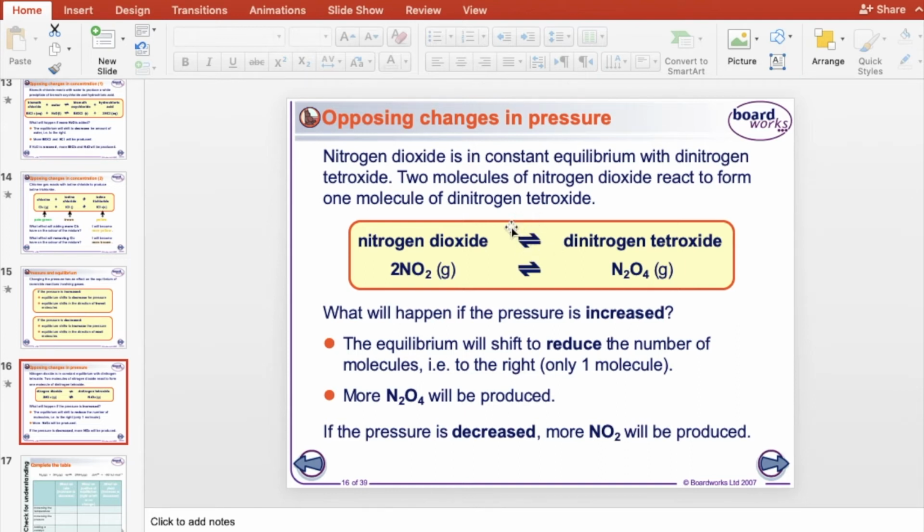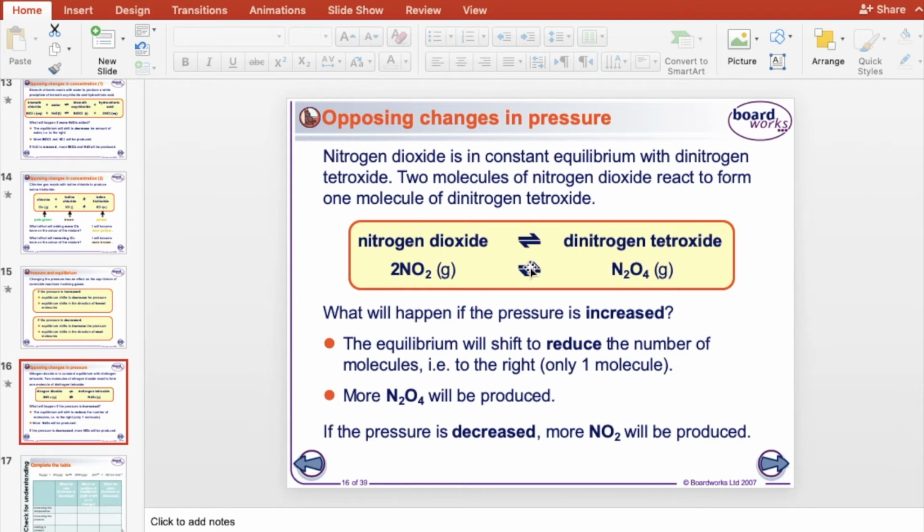If we increase the pressure, we're going to stress our dynamic equilibrium, and it's going to move to the fewer molecules, the fewer moles in this reaction. The fewer moles are the numbers that are in front of our compounds here. So we have 2 nitrogen dioxides and we have 1 molecule of dinitrogen tetroxide.